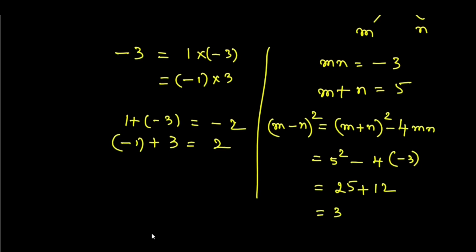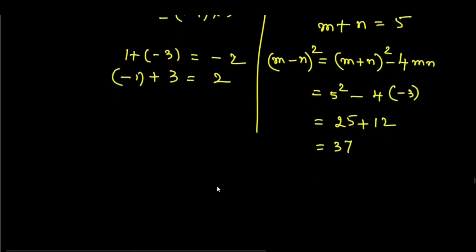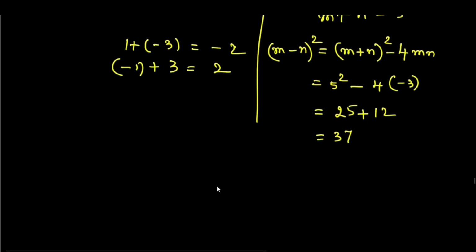This is 37. So m minus n is square root of 37. Now we will get some irrational roots, so let us leave it here.